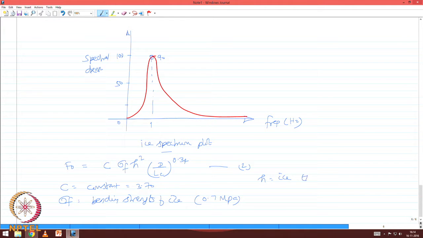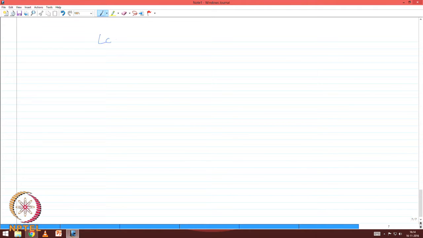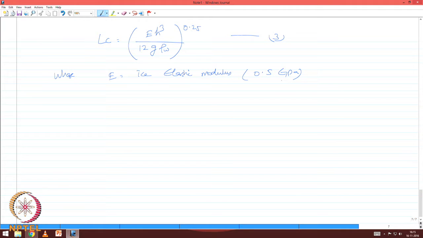H is ice thickness, d is the diameter of the ice cone, and Lc is called the characteristic length, which is given by E h cubed by 12 g rho w raised to the power of 0.25, where E is the ice elastic modulus, which is taken as 0.5 gigapascal, rho w is the density of water and g is 9.81 meter per second square.